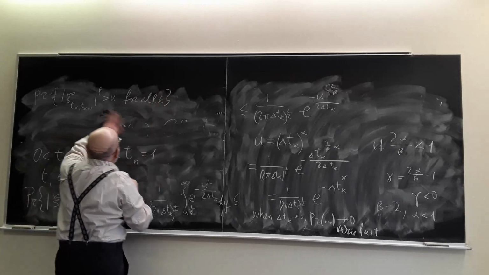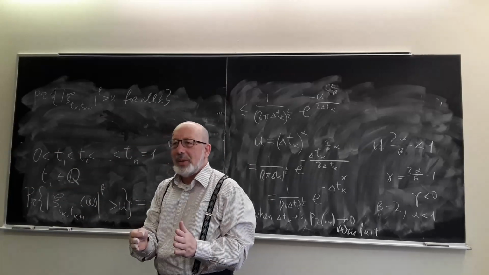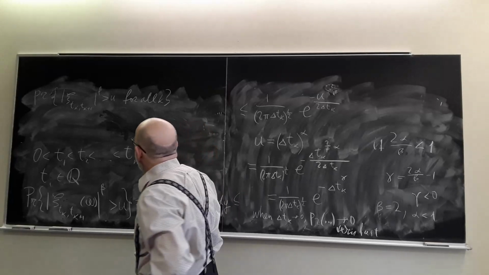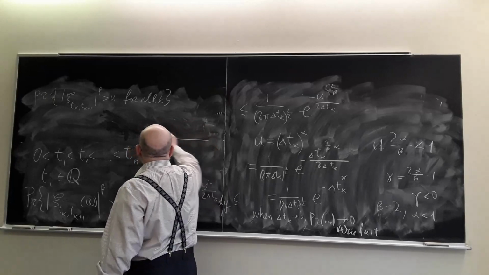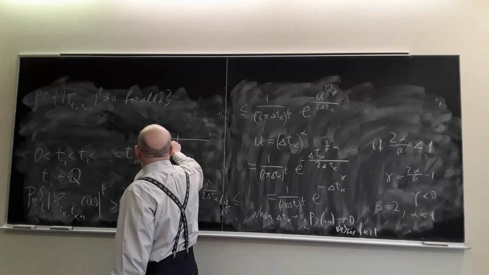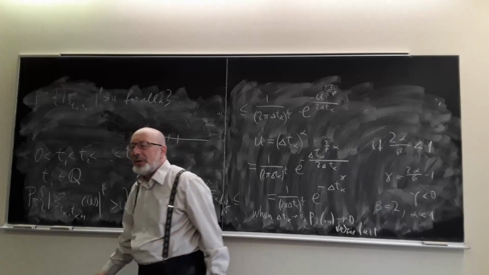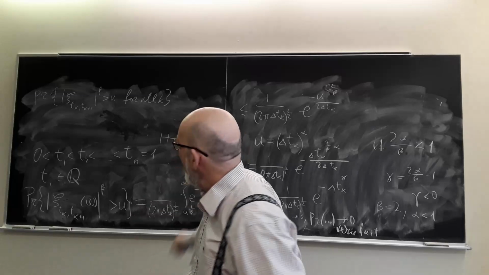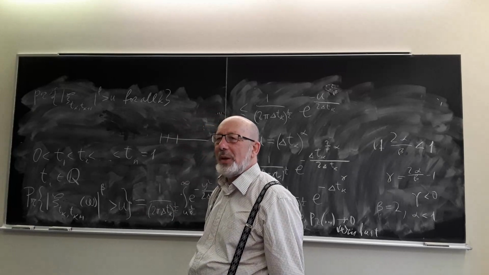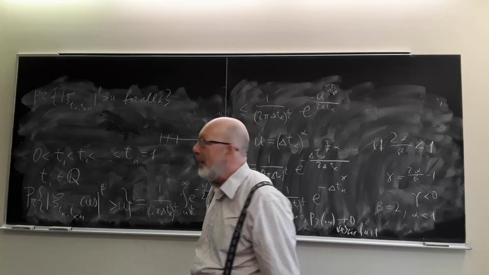So here we estimate the probability on one segment. If you do it for all k, if the probability of this on one segment is very small, then the probability on the next one is also very small, and so on. So the probability that it happens anywhere is more or less the sum of these probabilities. These are independent events.